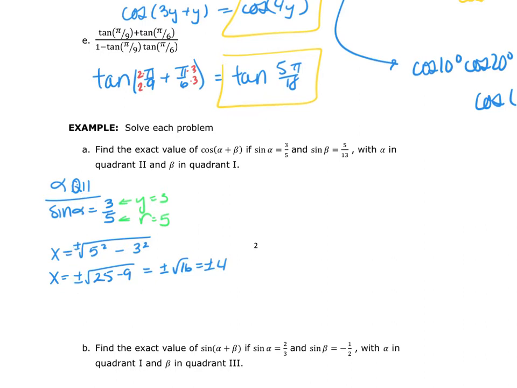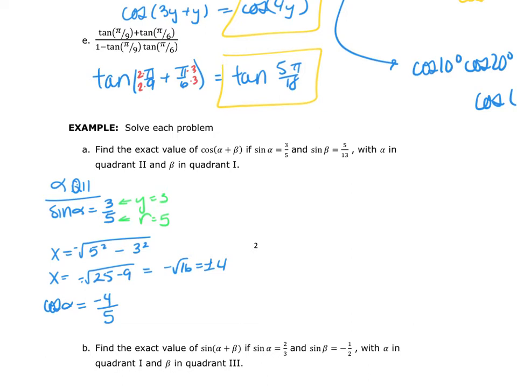And again, what I'm using to find x or y or any of that stuff, x squared plus y squared is equal to r squared all day long. So I have found my x. That means I have found the cosine of alpha. Cosine of alpha is the x value, which is -4, over the r value, which is 5.